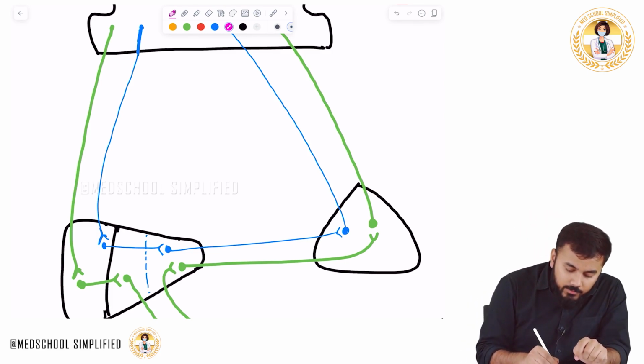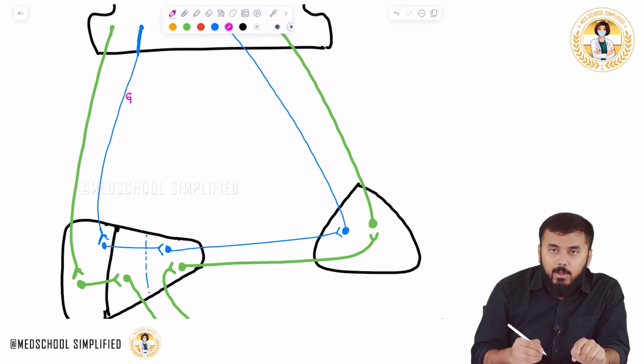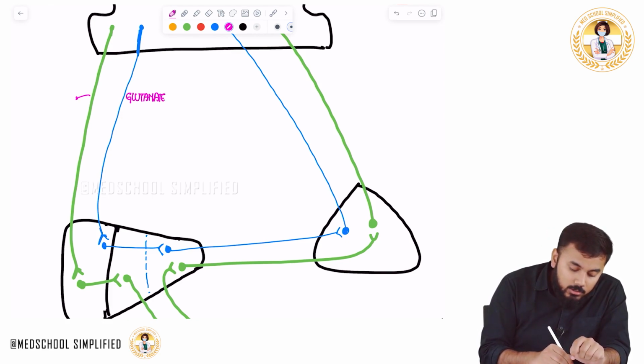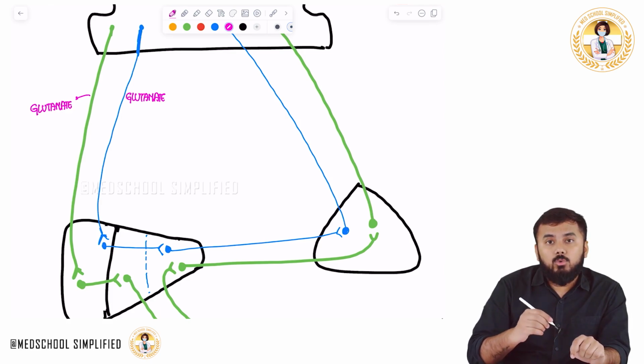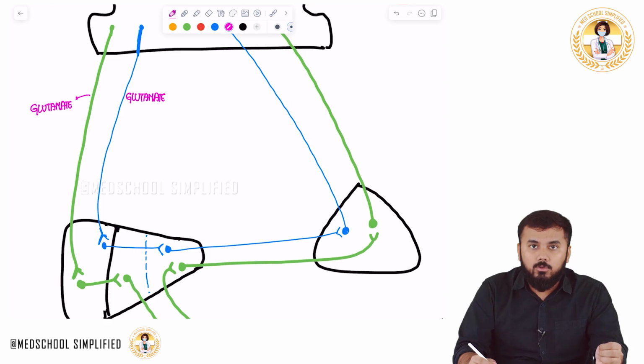For example, see this first order neuron here. What is this? This is your corticostriatal pathway. This releases glutamate. I'll write the complete name, glutamate. Even this green one also releases glutamate. It means when it is releasing glutamate, it has a capacity to activate other neurons.